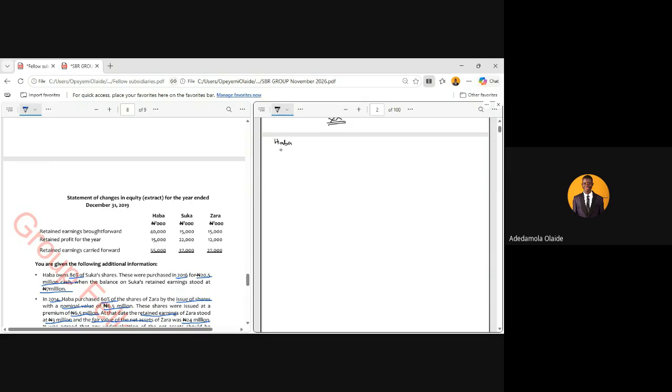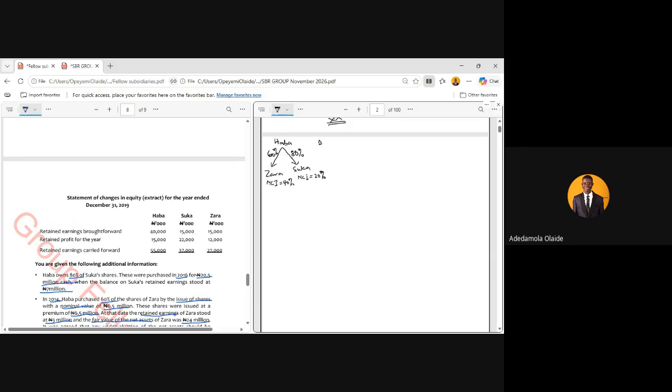In our group structure, we have ABBA. Who did they acquire? By looking at this information, the first they acquired is Zara, in 2014. What did they acquire there? 60%. And that makes NCI 40%. Then they also acquired Suka. How many percent? 80%, NCI 20%.